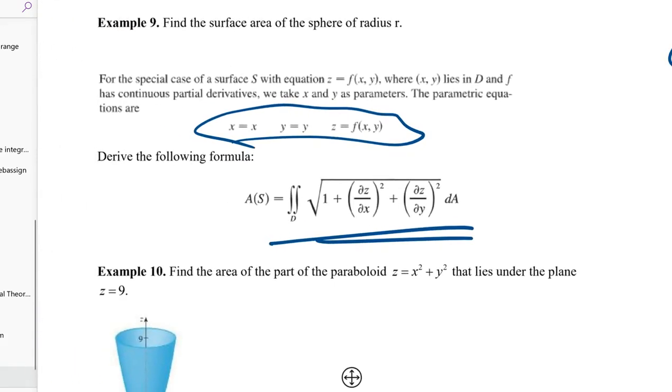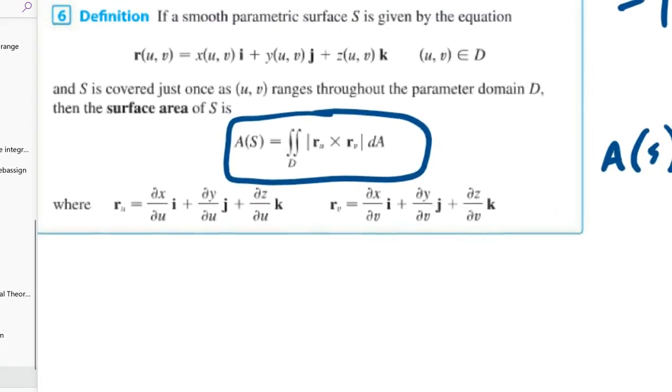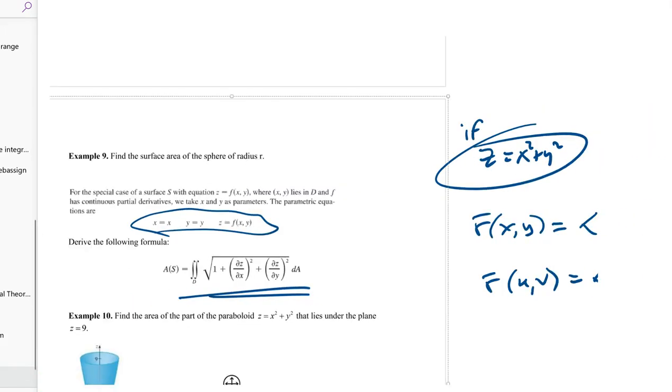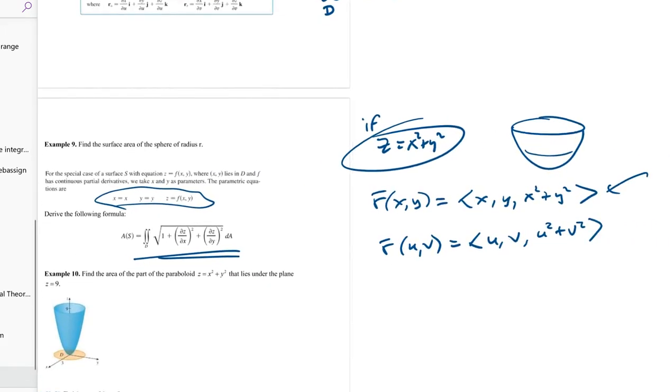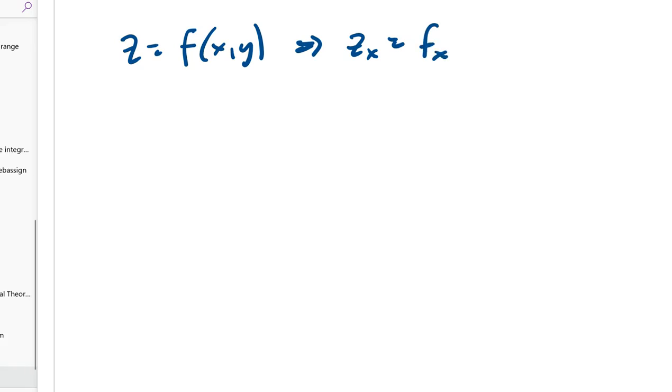Let's check this out. If you notice, that's different than this. The area of the surface is that, and then the area of the surface is this. So let's derive that real quick. If I have z equals f of x, y, then z sub x is f sub x, and z sub y is f sub y. Actually, I don't need that.